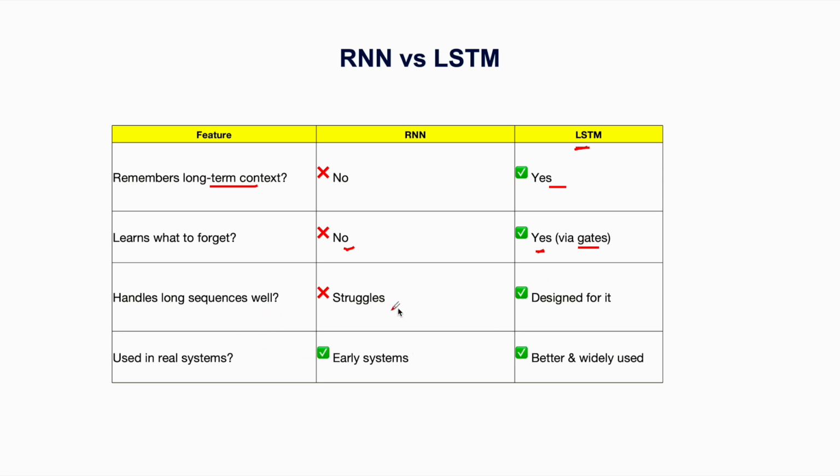Handling long sequences: RNN struggles to handle long sequences, but LSTM can handle long sequences of discussions such as chatbots. Early systems were using RNN, later they moved to LSTM, and subsequently even LSTM has been replaced by the latest transformer based architecture that we will discuss later.